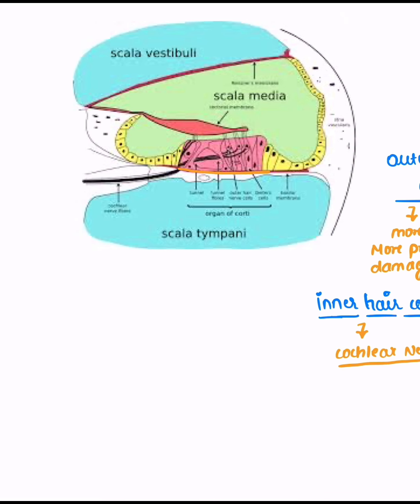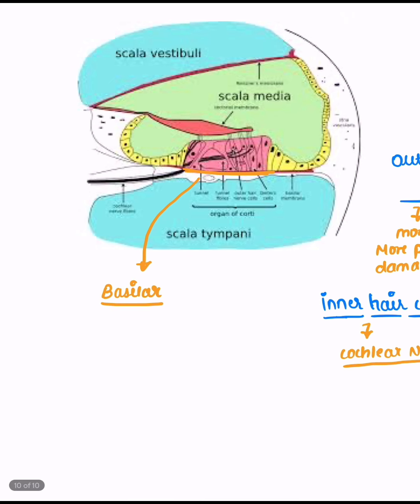This membrane is known as the basilar membrane. The upper part is known as the scala vestibuli. The lower part is known as the scala tympani and the middle part is known as the scala media.